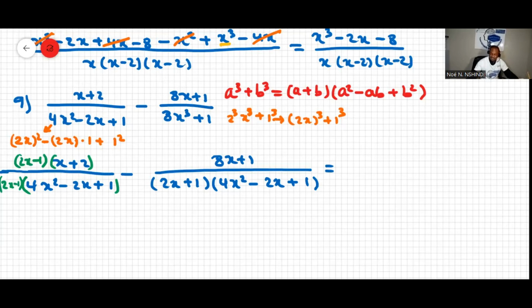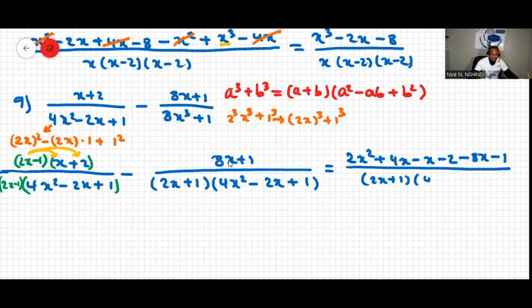So we do 2x times x, and then 2x times 2. That would be 2x squared plus 4x minus x minus 2, and then minus, this negative sign here, minus 8x minus 1, all over (2x plus 1) and then (4x squared minus 2x plus 1).